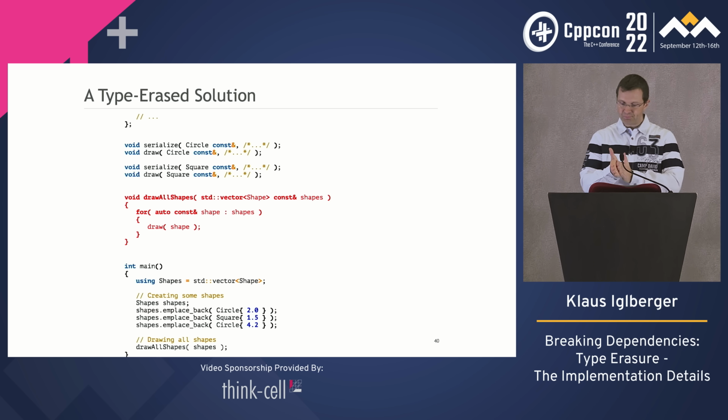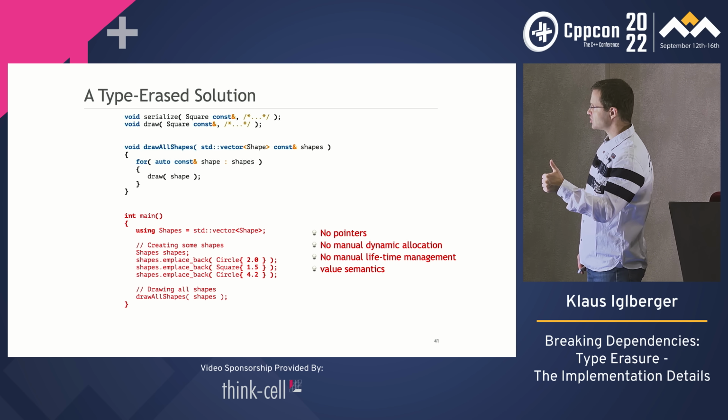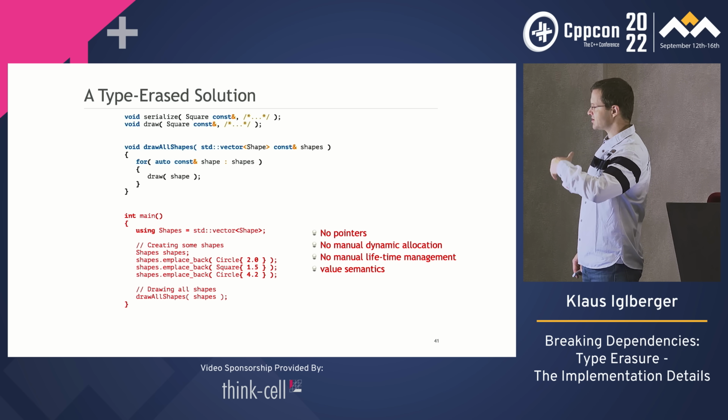This is where my shape wrapper is. Because this shape wrapper, this type erasure wrapper, does not contain any detail, does not contain any knowledge about a shape, circle, square, etc., and it does not contain any knowledge about how to implement an operation. It's just an abstraction. Below, I have circles and squares. And even below that, I now have the draw operations and serialize and all of this stuff.